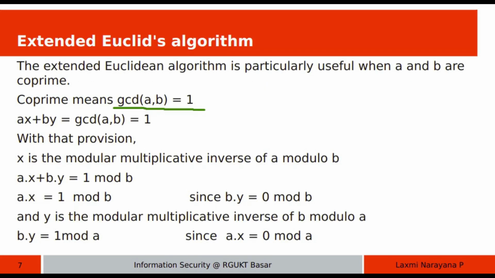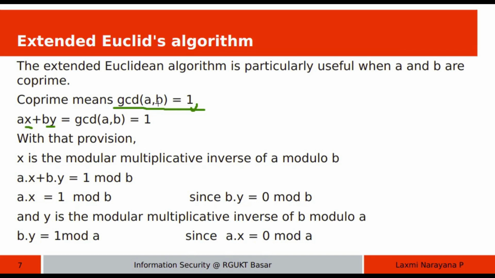Extended Euclidean algorithm is particularly useful when a and b are co-primes. Two integers a and b are said to be relatively prime or co-prime if the only positive integer that divides both of those numbers is 1. Simply we can say GCD of a, b will be 1.